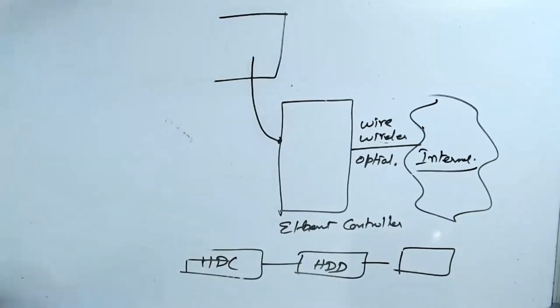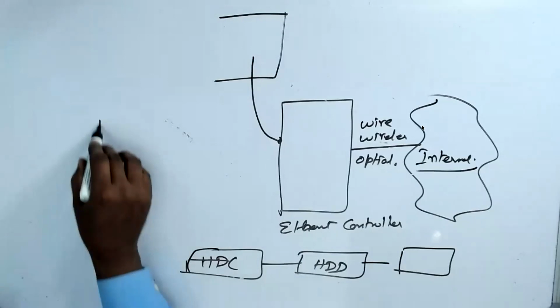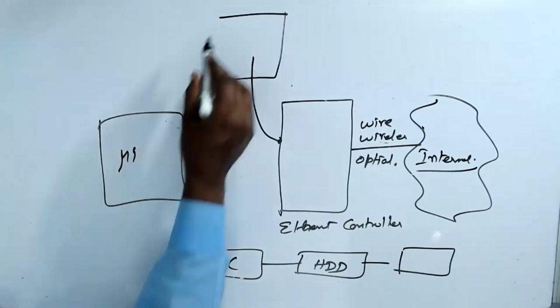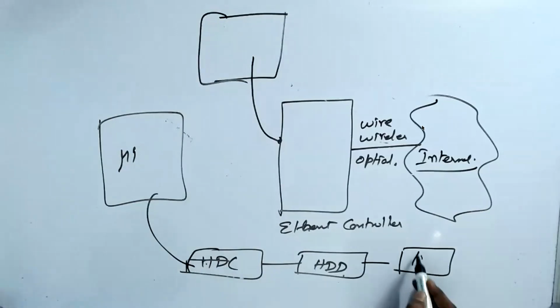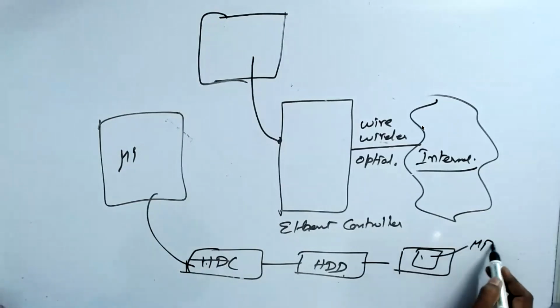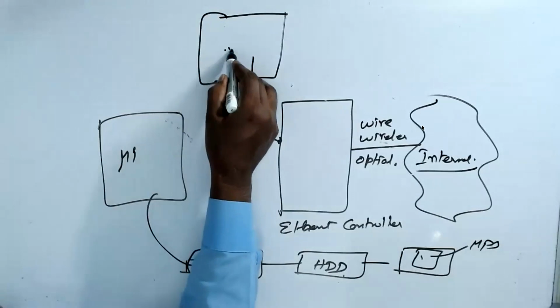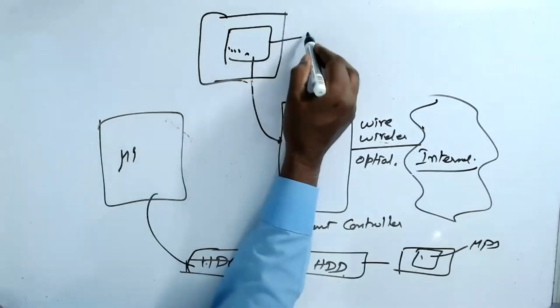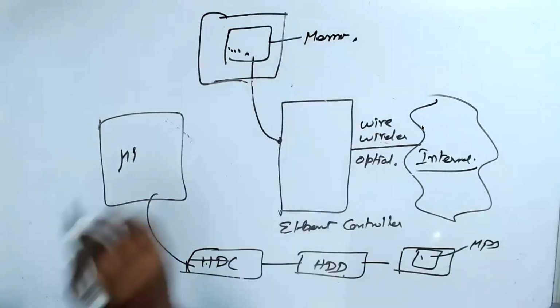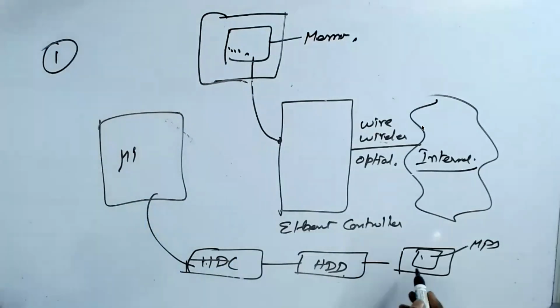Now, what we do here is this microprocessor reads a file from the hard disk, your MP3 file, and puts it here into the memory. First job is done. So I moved from the hard disk to memory. Done. So now I can remove this.